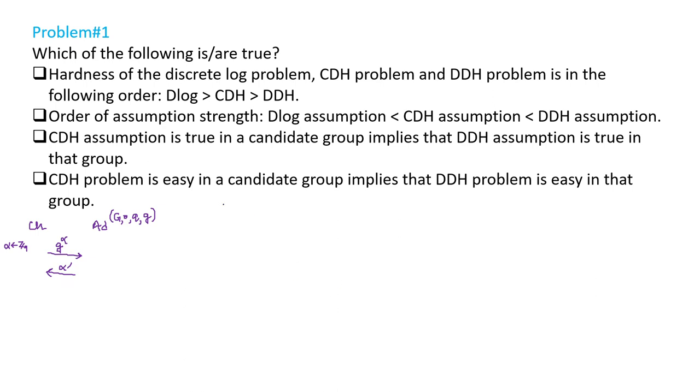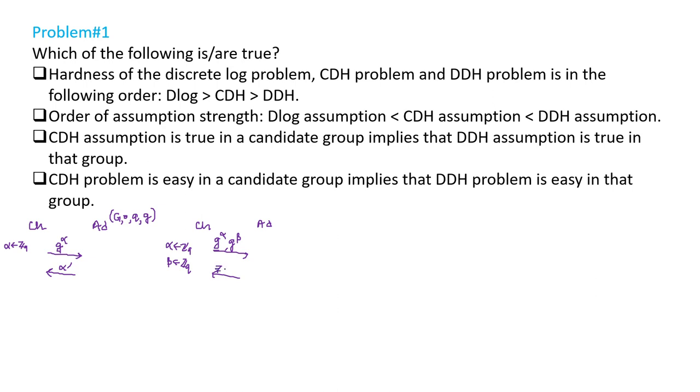The CDH problem is that the challenger chooses alpha and beta randomly, sends g to the power alpha and g to the power beta to the adversary, and the adversary's job is to come up with the correct value.